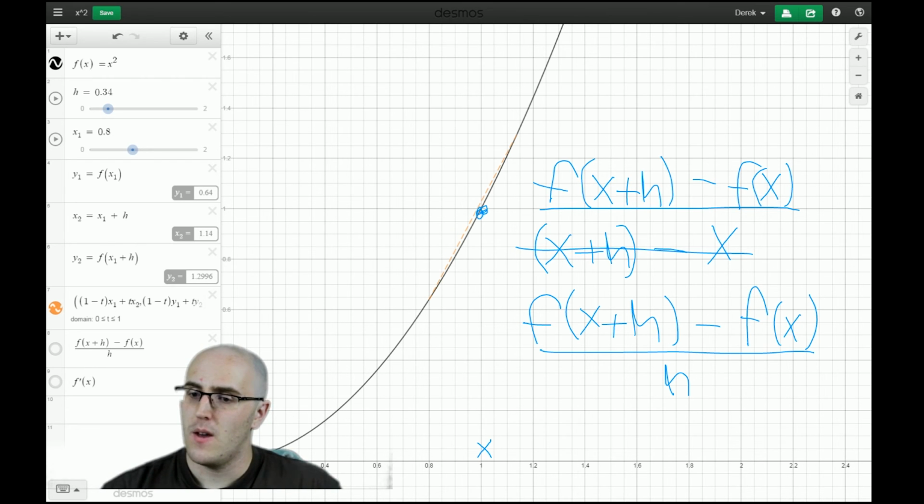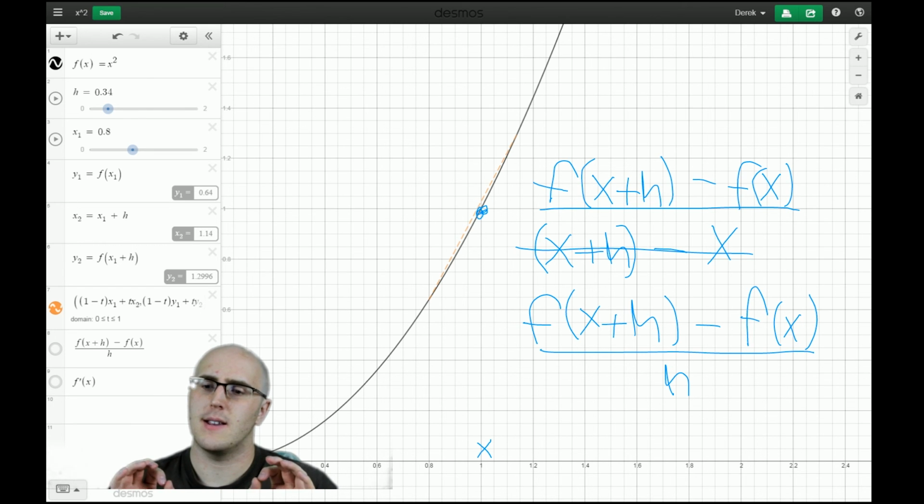So we want h to be tiny, but we can't set it to 0 because that would be the same point. If we have one point at x and another point at x plus h, if h is 0, then they're the same point. And if you remember back to elementary school, you can't create a line with only one point. You need at least 2 points. So h can't be 0, and it's undefined as 0. But we want it to be infinitesimally small.